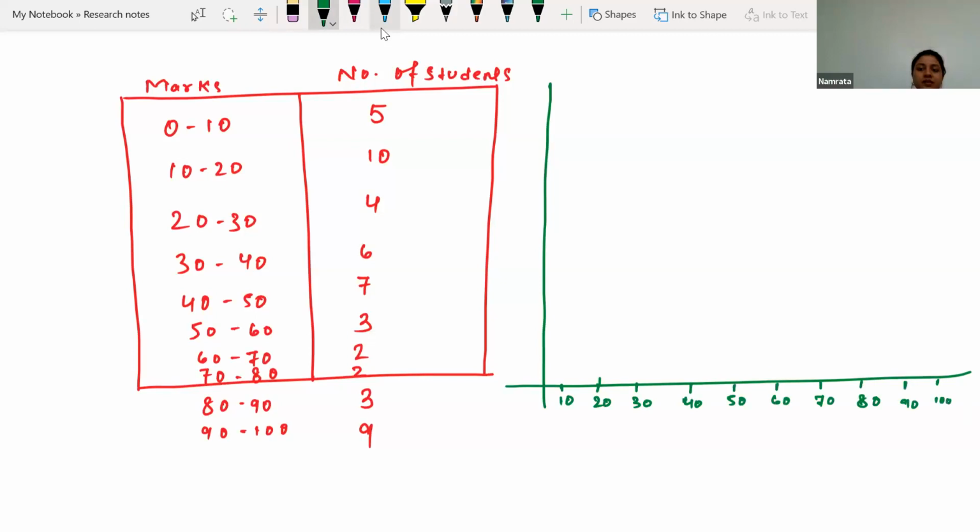Yeah, so we have taken all the intervals properly. Now, according to the frequency, we will be plotting it.